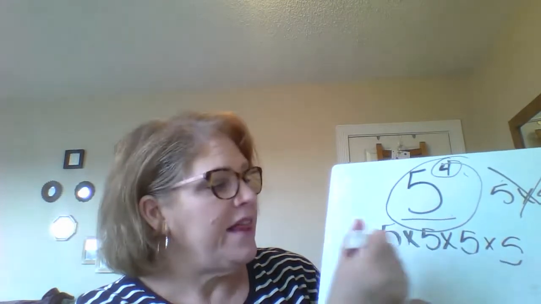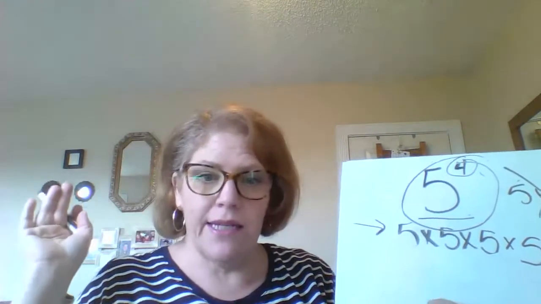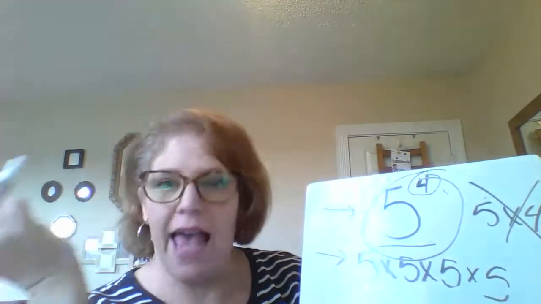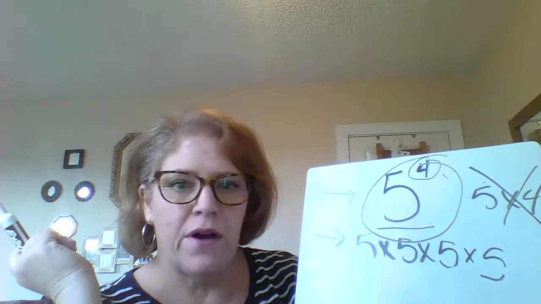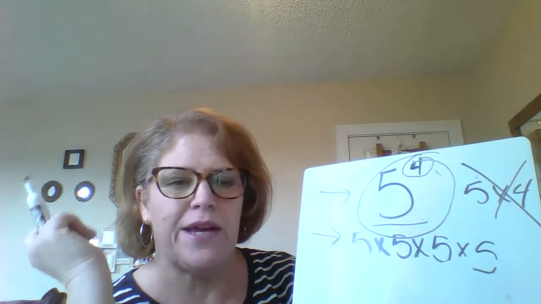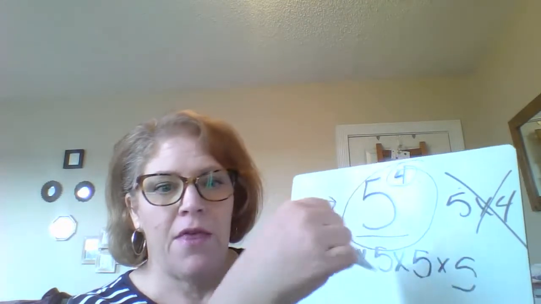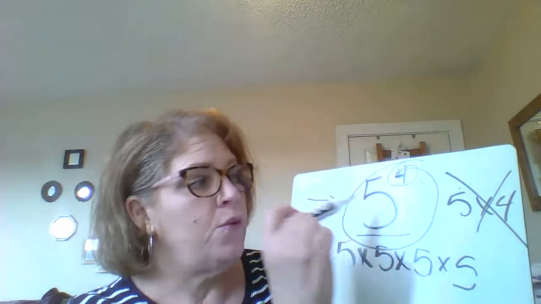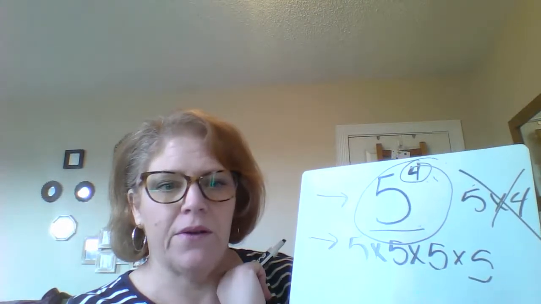This is expanded form; we've written it out, it's long. This is exponential form. So there are five of our vocabulary words: base, exponent, the whole thing is a power, writing it out is expanded form, and writing it in the form of an exponent is exponential form.